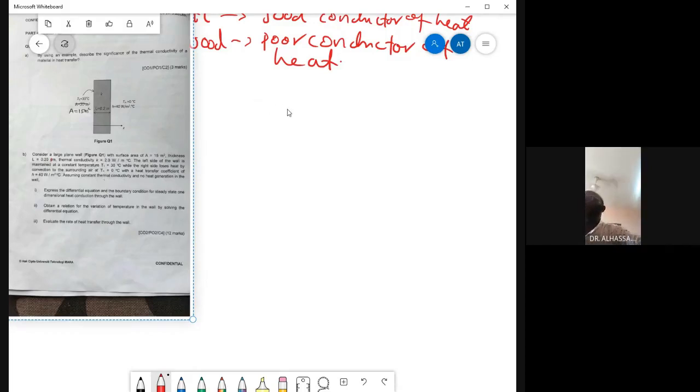So in the next question, we are told that we have considered a large plain wall.